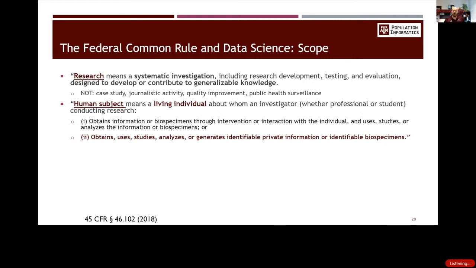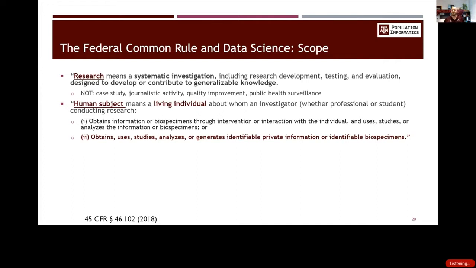When we're talking about research in the common rule, we are specifically talking about, and only talking about, a systematic investigation that is designed to develop or contribute to generalizable knowledge. If it isn't that thing, it is not technically research that's subject to the common rule.